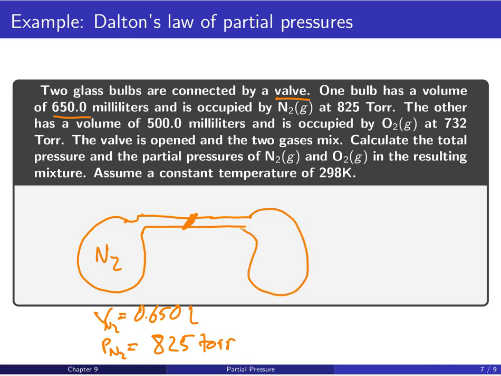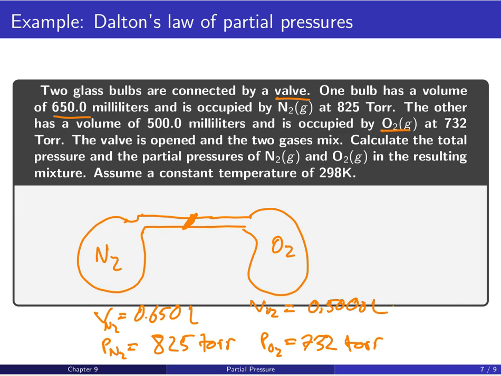And this other bulb is full of oxygen gas. And we know that the pressure of that oxygen gas here is 732 torr, and the volume of that oxygen gas cylinder is 0.5 liters.